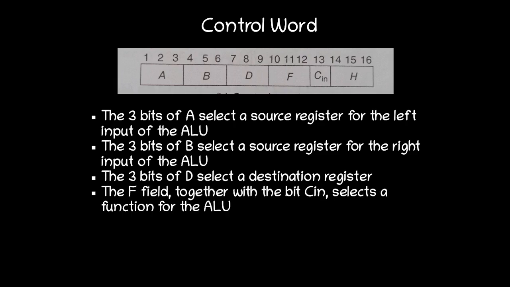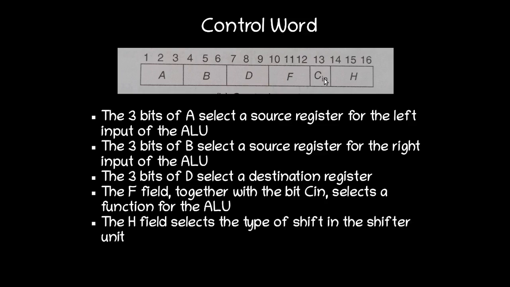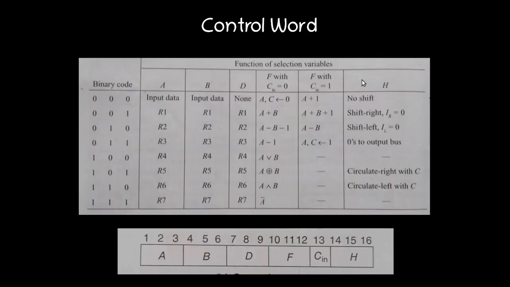The F field together with the bit Cin selects a function for the ALU. Then the H field selects the type of shift in the shifter unit. So these are the functions of the different selection variables.